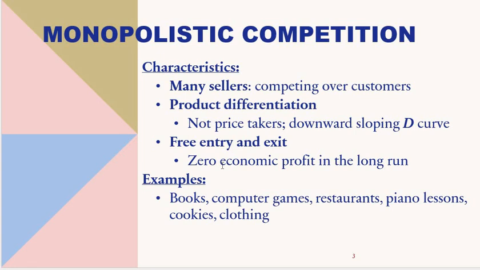The three features to identify a monopolistic competition are, first, we need to have many sellers in the monopolistic competition market. And that means with those many sellers, they have to compete against each other so they could attract more customers, so they could grab more market share.